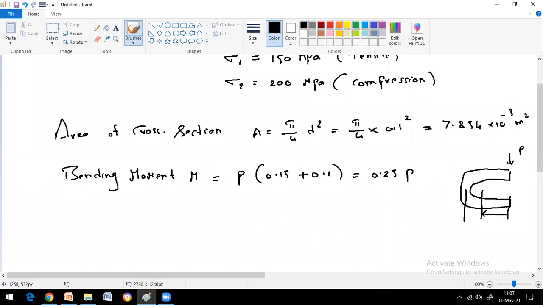This distance is 0.15 and this distance is 0.1. 0.1 plus 0.15 is 0.25 P. Okay. So this is the bending moment. Okay. Acting to the center of the section.